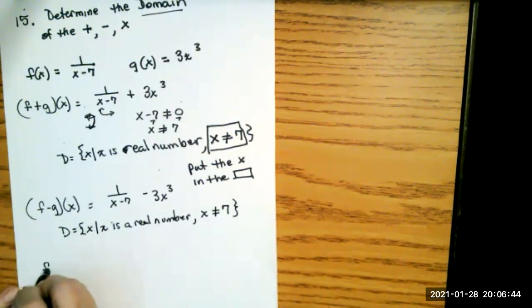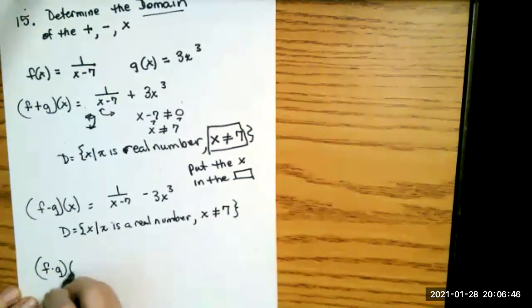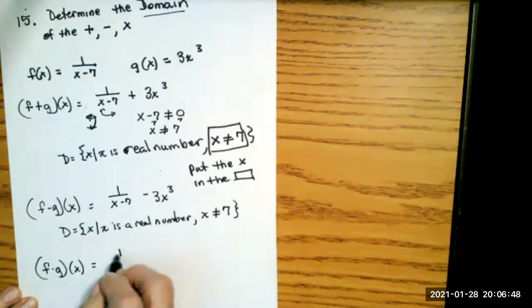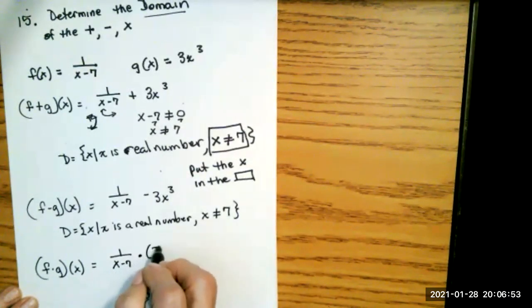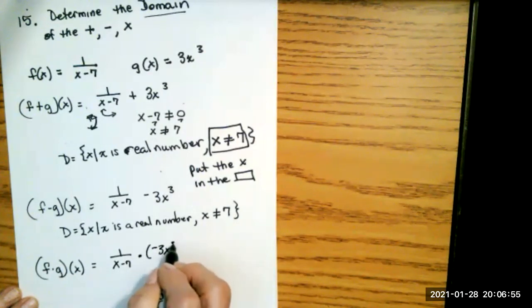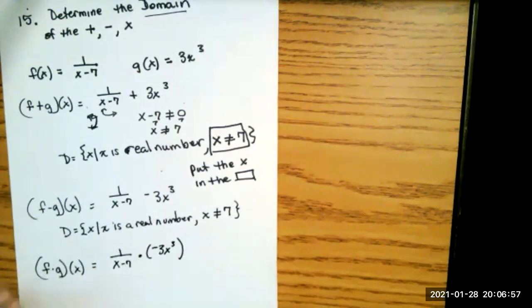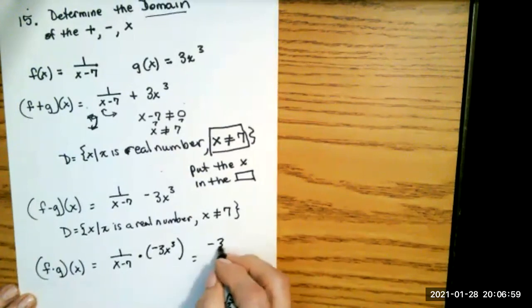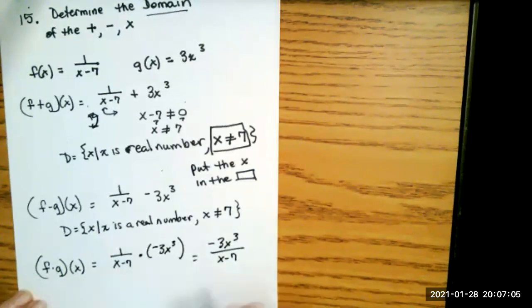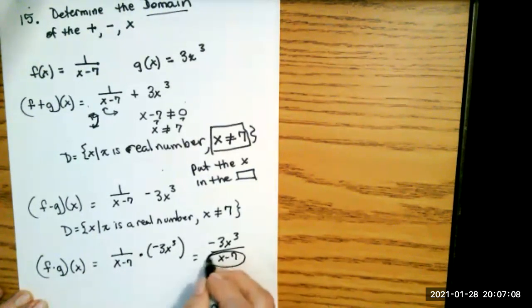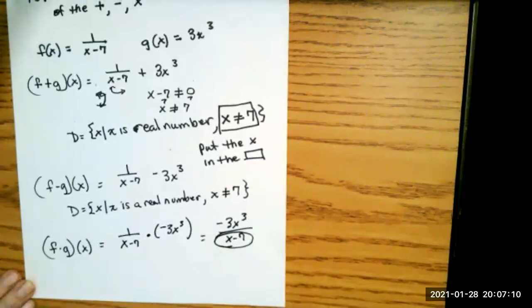And when I multiply them, I have the same thing. That would actually be, if I wanted to do something else, 3x cubed over x minus 7. I still can't do anything else because I've just got this denominator that I've got to deal with.